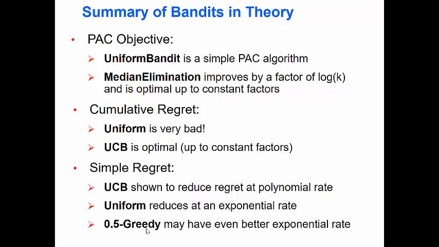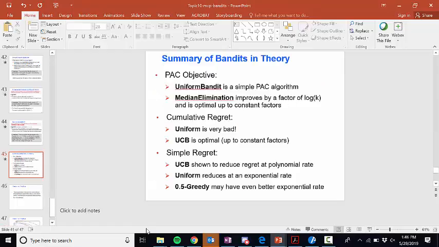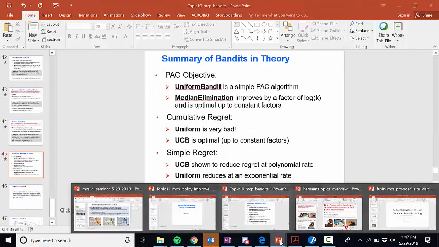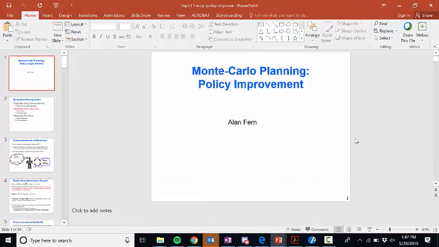All right, so next time, just a little preview. We're going to take another step toward full Monte Carlo algorithms, and talk about the idea of Monte Carlo planning for policy improvement. We're going to be in the framework of full MDPs, but in a setting where somebody gives you a policy.